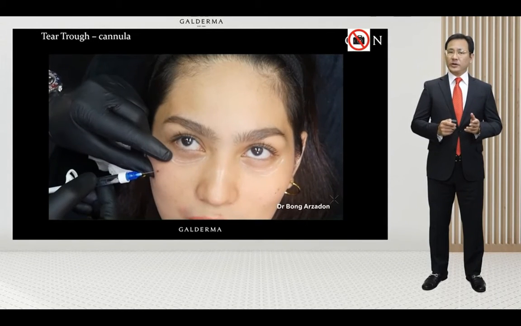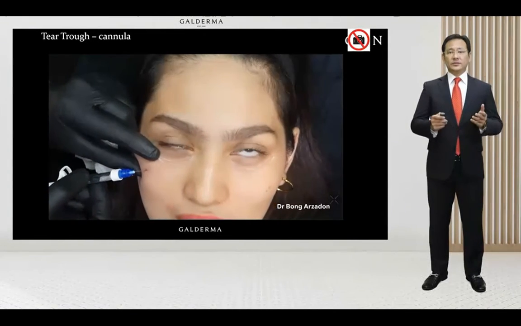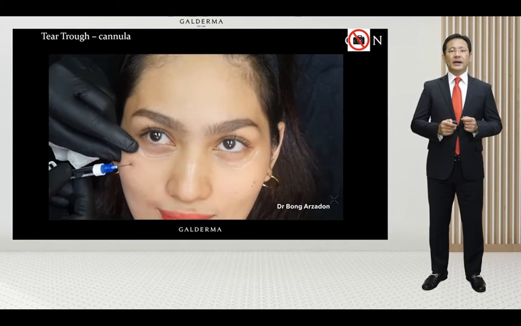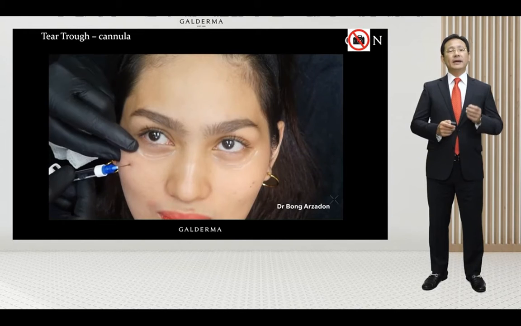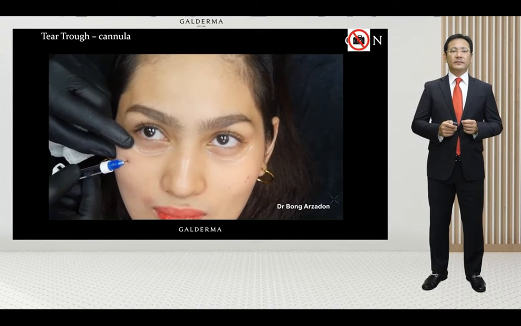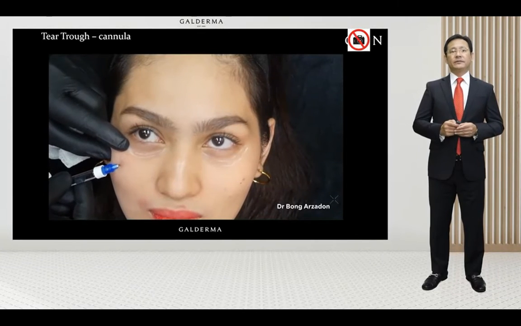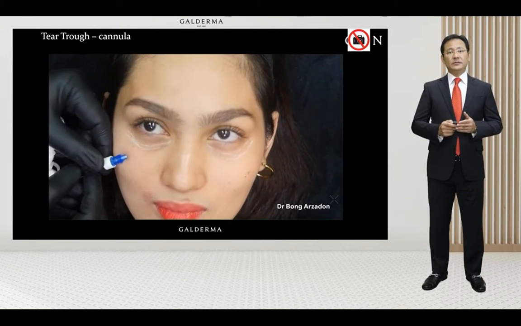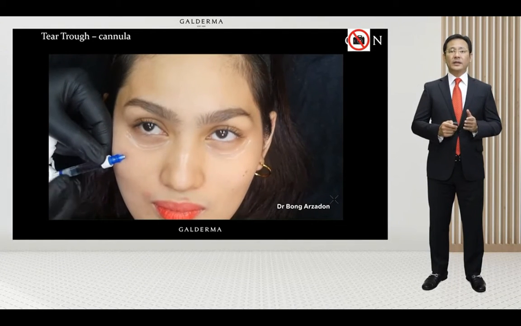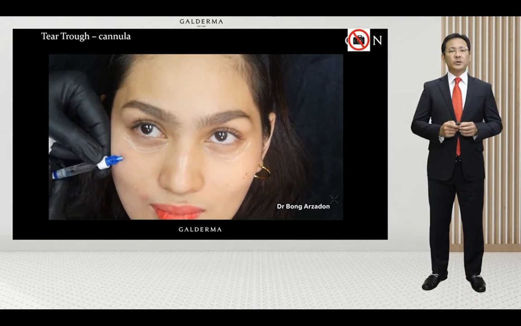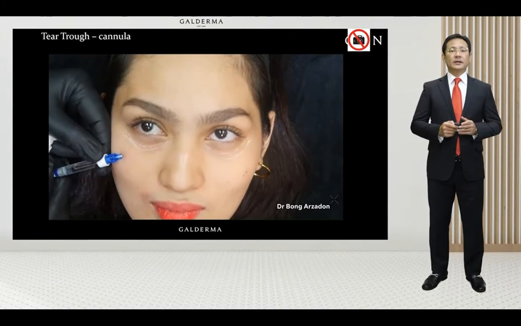My product of choice is Restylane Classic. In a retrograde manner, I would make deposits of small aliquots of the product along the tear trough deformity. I then proceed to inject 0.1 to 0.2 ml on the central portion of the lid cheek deformity.